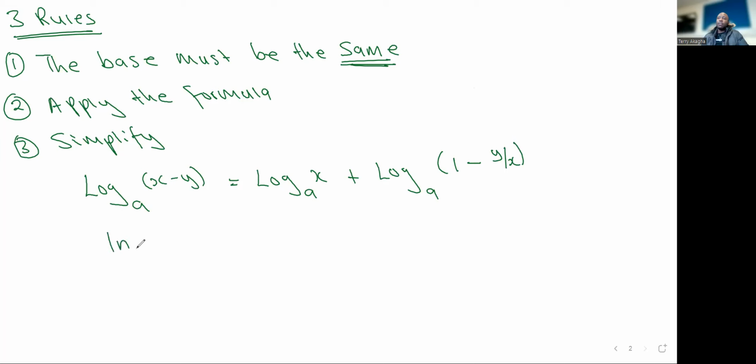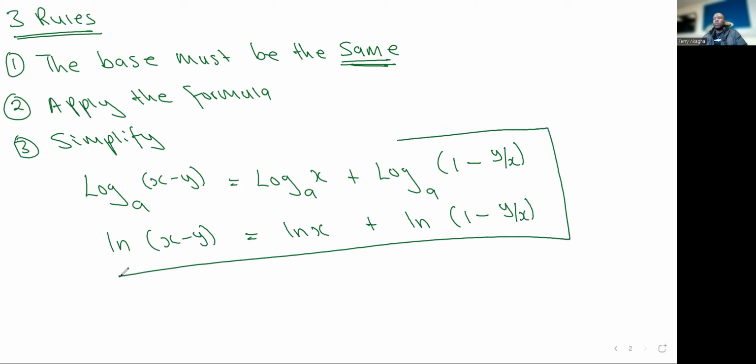Similarly, if you have ln(x - y), it is going to give you ln x plus ln(1 - y/x). That is it. It's the same thing as the addition law, but instead of the sum sign, you're going to have subtraction. And that's how you solve this.